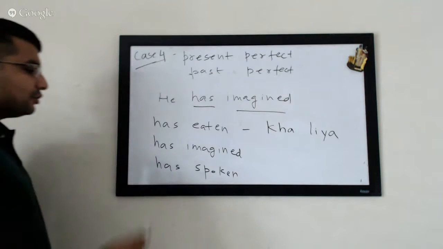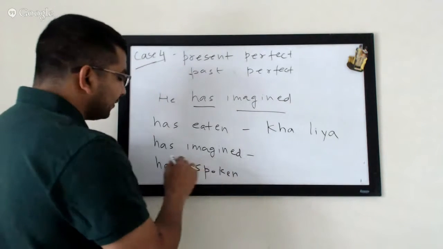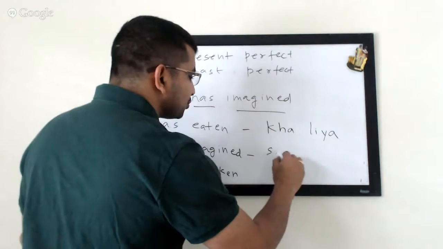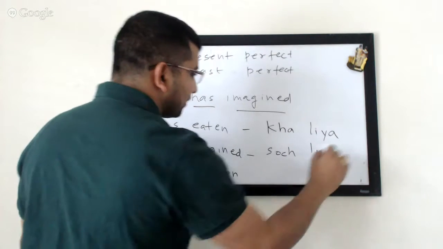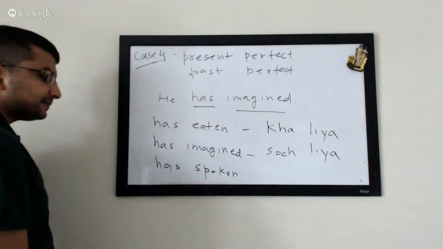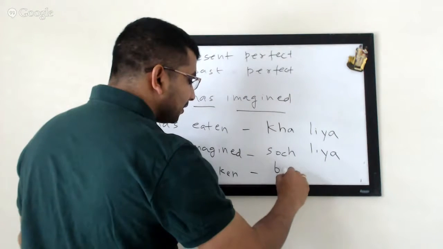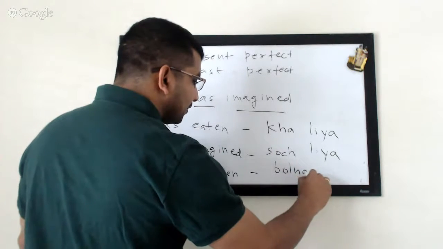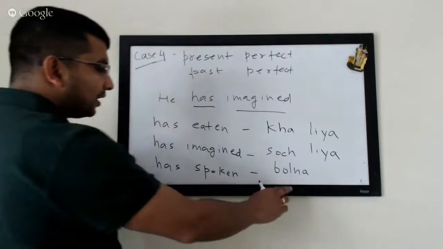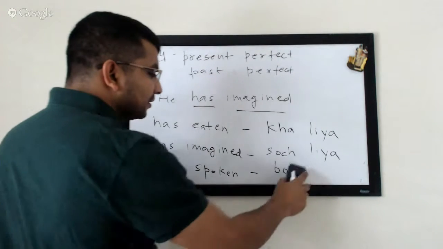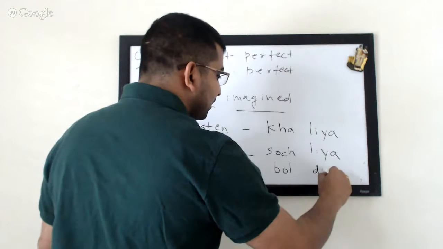Imagine is sochna, but has imagined is soch liya. To speak is bolna, but when you say has spoken, it would be bol diya.